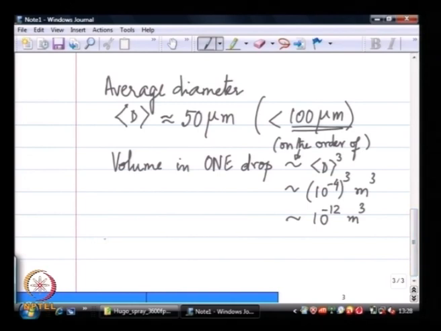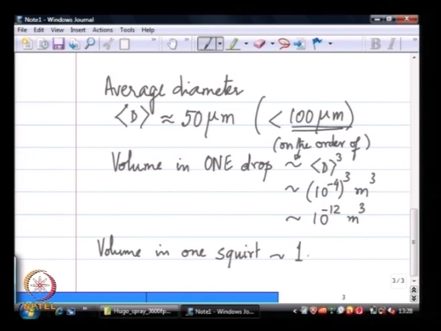The volume in one squirt is on the order of, I will say 1 ml, because 1/3 ml is on the order of 1 ml.